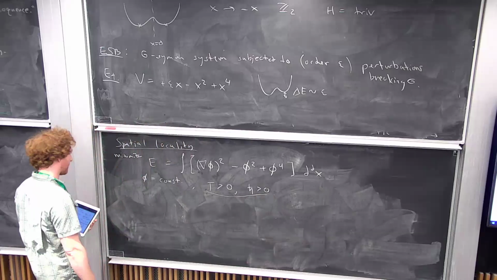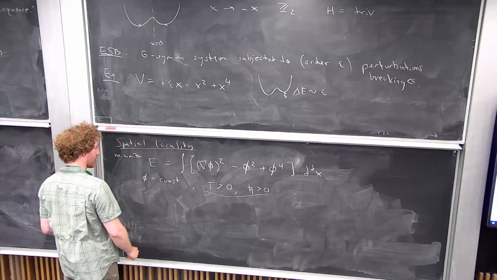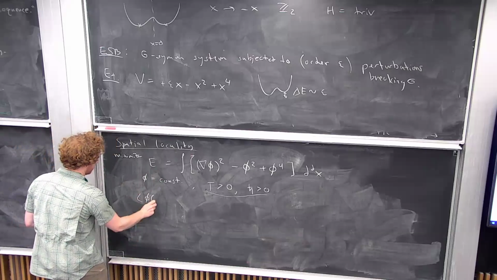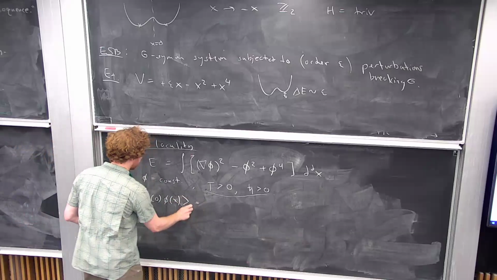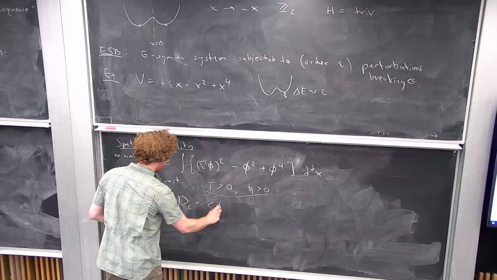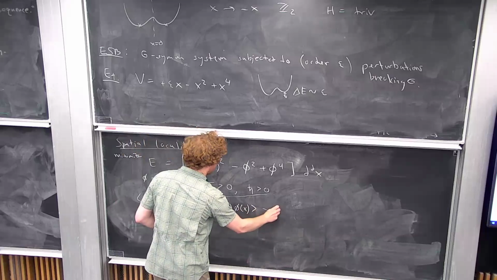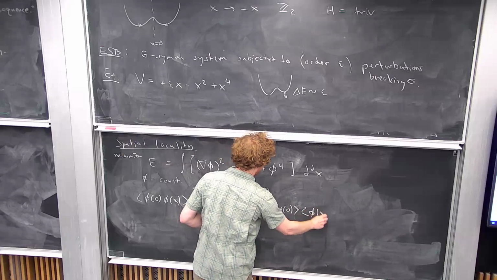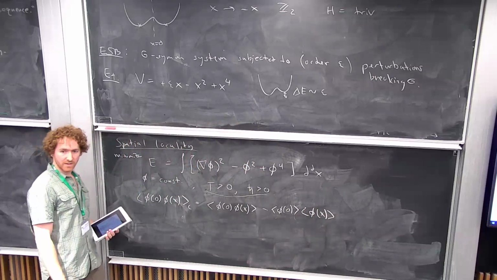We're interested in the expected values of phi. So one way to measure the spontaneous symmetry breaking here is to look at connected correlation functions. So if I look at this quantity, the bracket is the expectation value of that object.